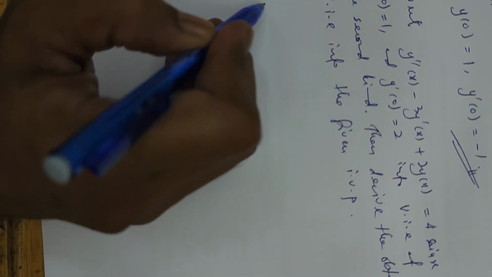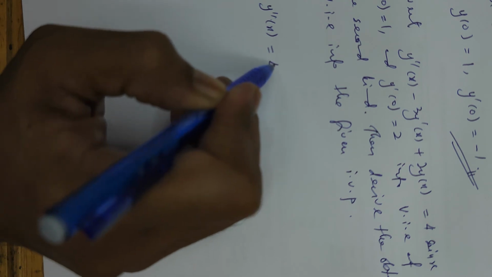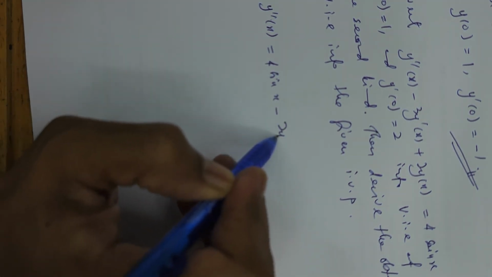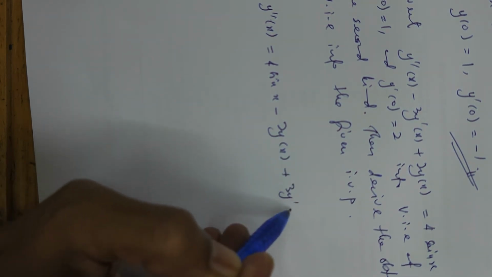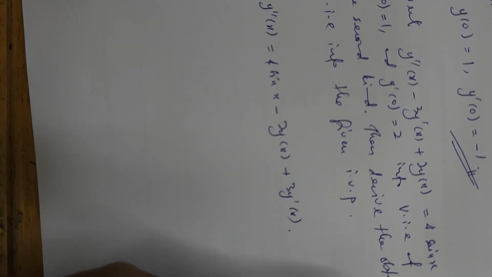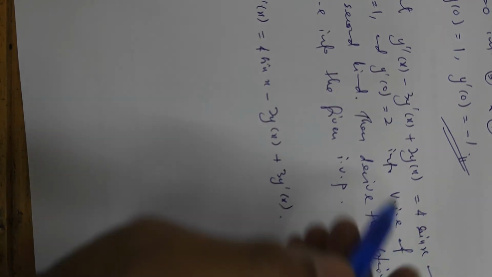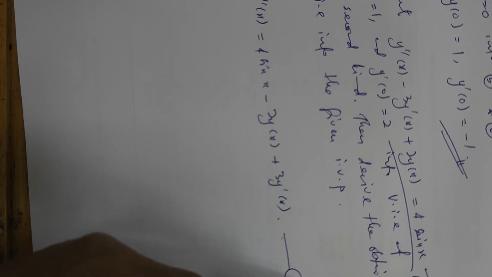So we have y double prime x equal to 4 sine x minus 2y x plus 3y prime x. Okay, so let's call this equation number 1. I just put it there. This equation number 2, this equation number 3.